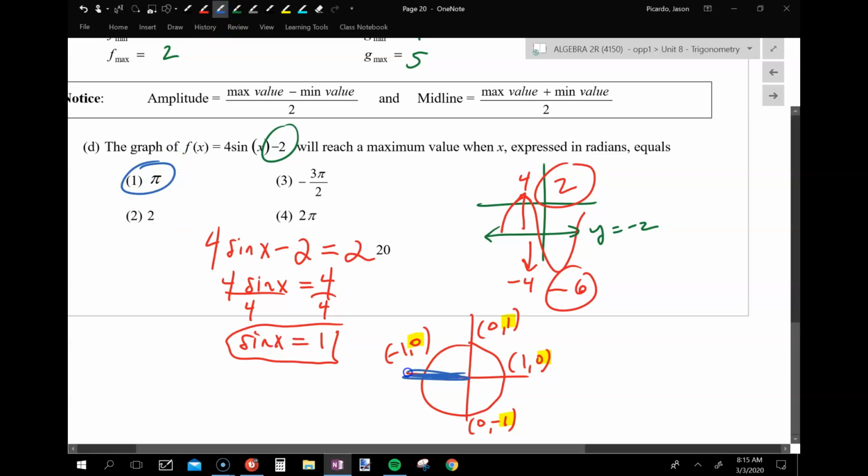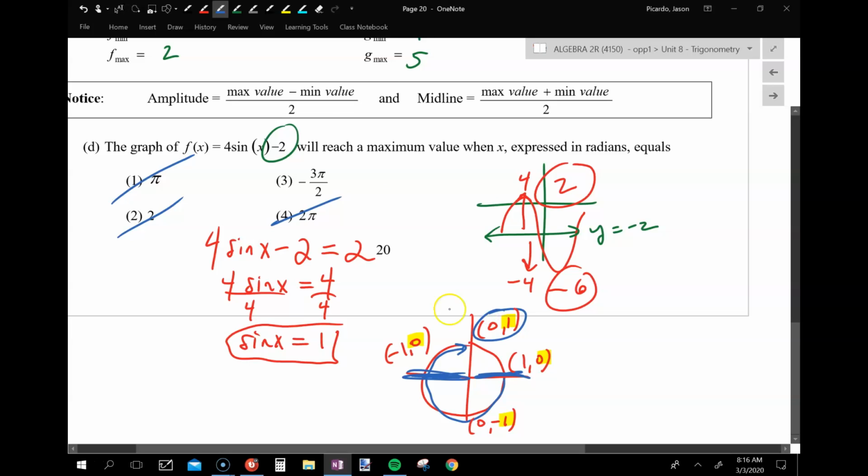Pi is right here, right? Is that any good? No. 2's no good. That's the trick. Where's 2 pi? Isn't 2 pi the same as 360? So isn't 2 pi here? Is that any good? No. What's negative 3 pi over 2? Negative 270. Negative 270 brings me around to that.